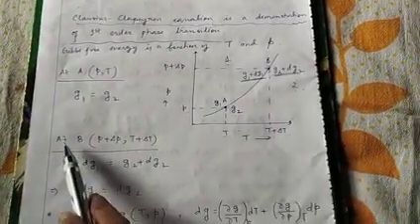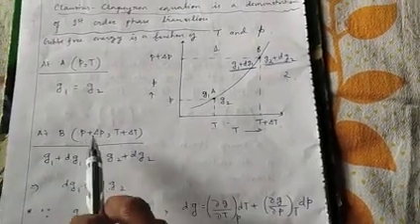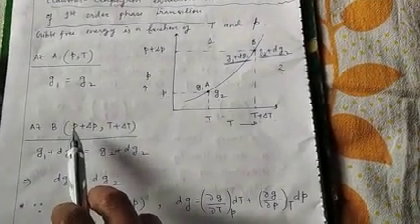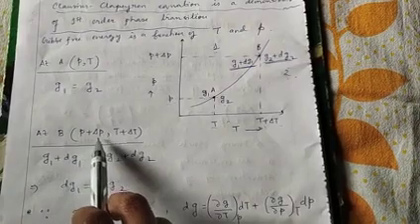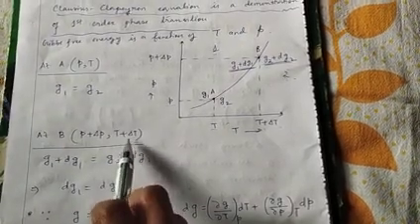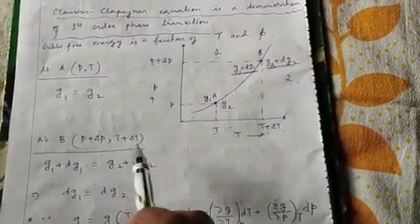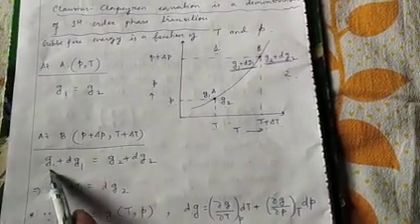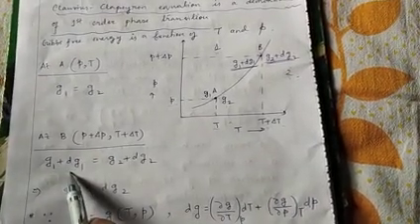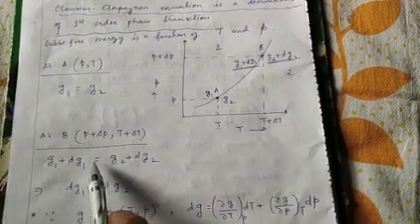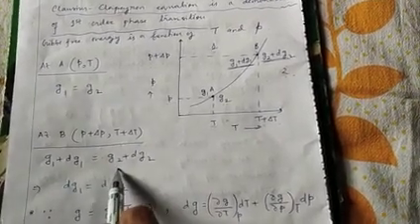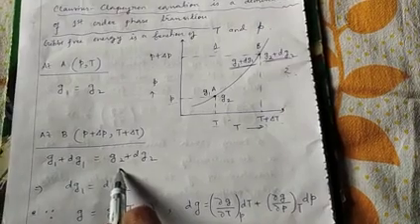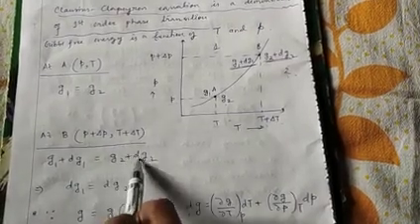So at B, again the phase transition is happening at a different pressure P plus delta P and a different temperature T plus delta T. Then the specific Gibbs free energy of phase 1, which is now G1 plus dG1, is equal to the specific Gibbs free energy of phase 2, which is now G2 plus dG2.